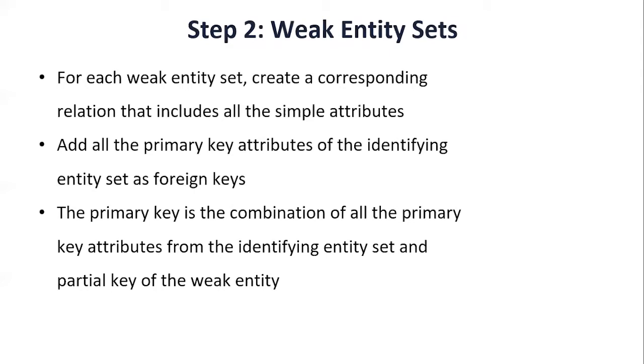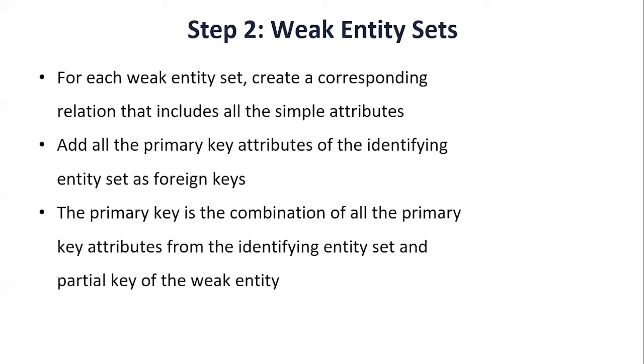Now let's move on to the second step, identifying weak entity sets. So the step 2 says for each weak entity set, create a corresponding relation that includes all the simple attributes.